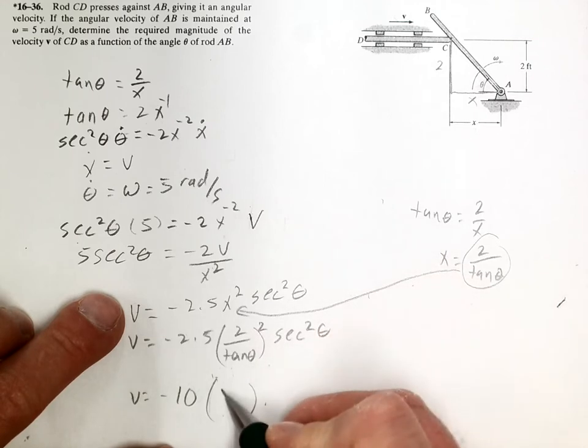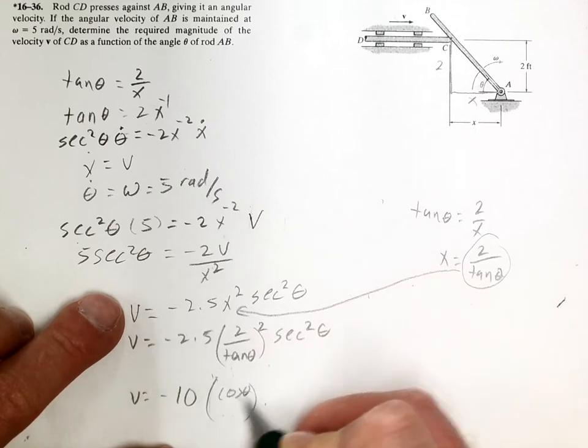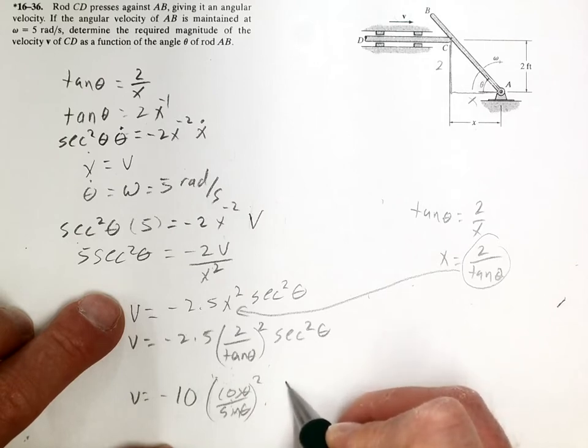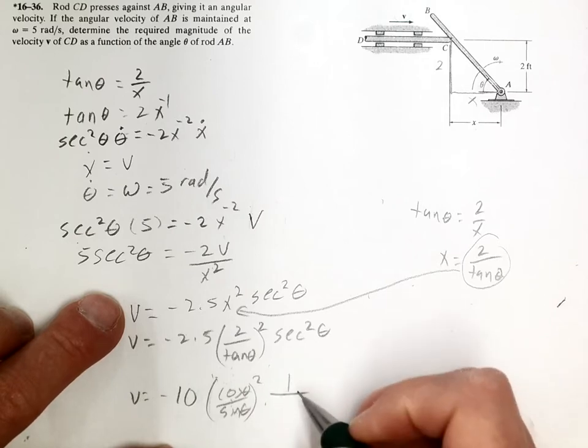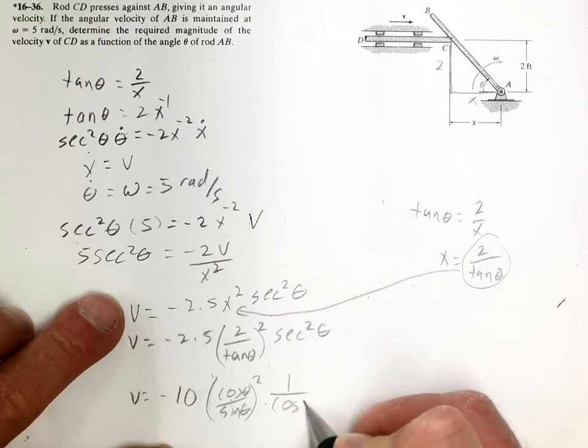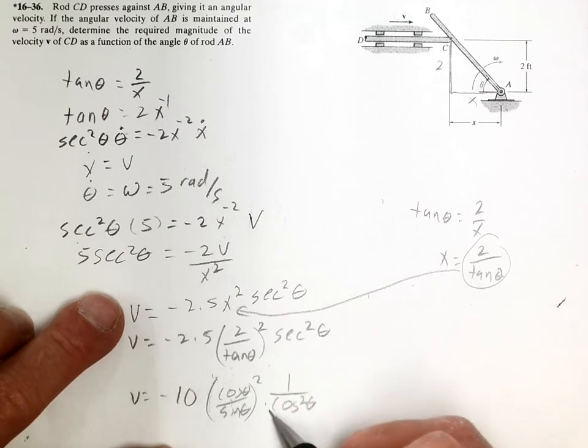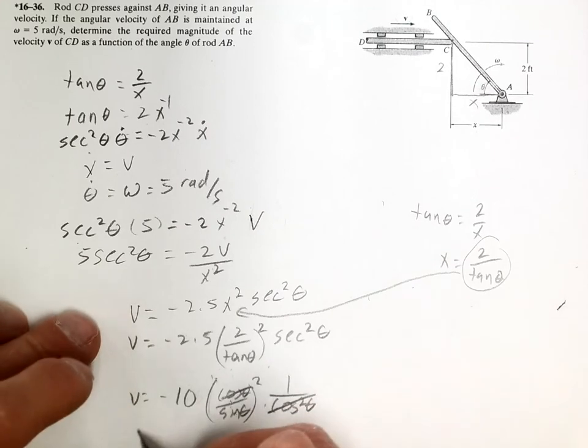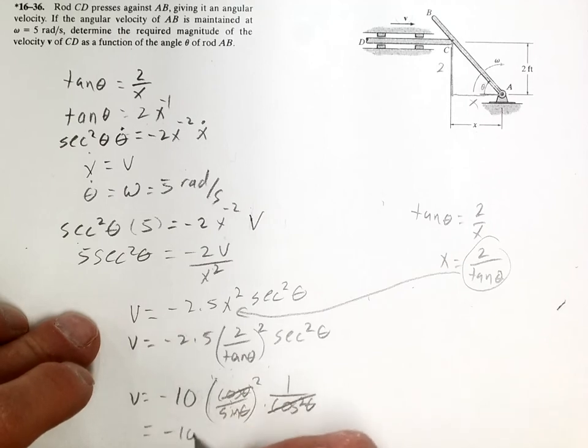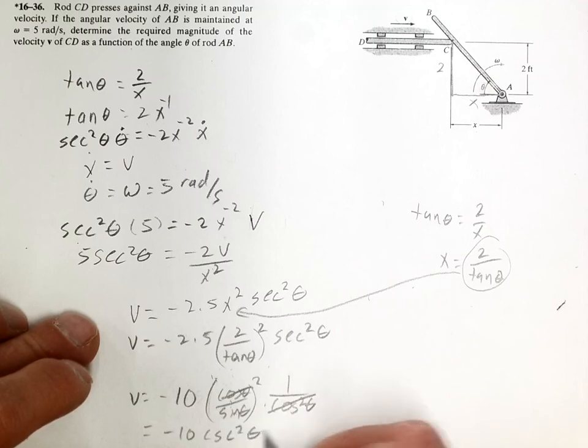Flip it upside down: cosine of theta over sine of theta, squared. Secant is 1 over cosine squared of theta. That cancels with that, and the solution is negative 10 over sine squared of theta, which becomes cosecant squared of theta.